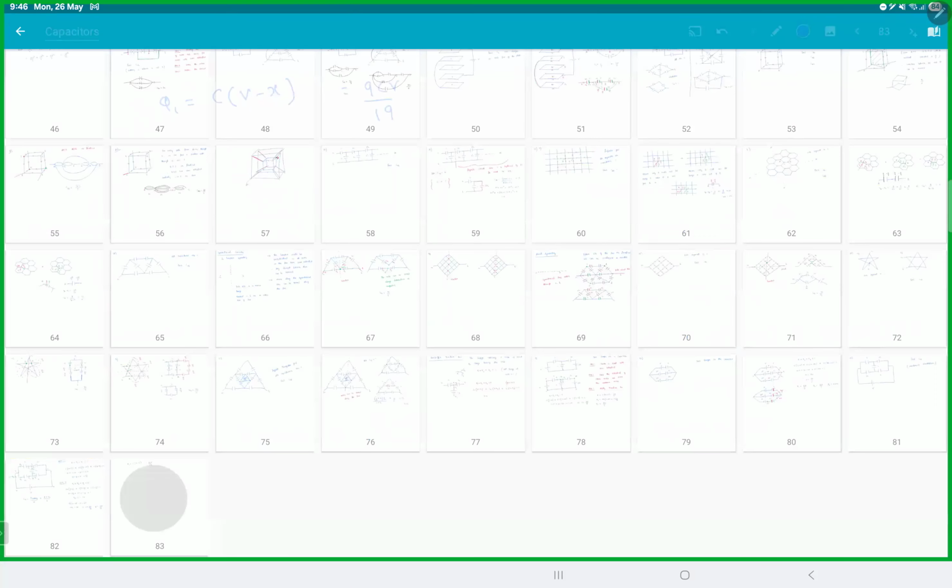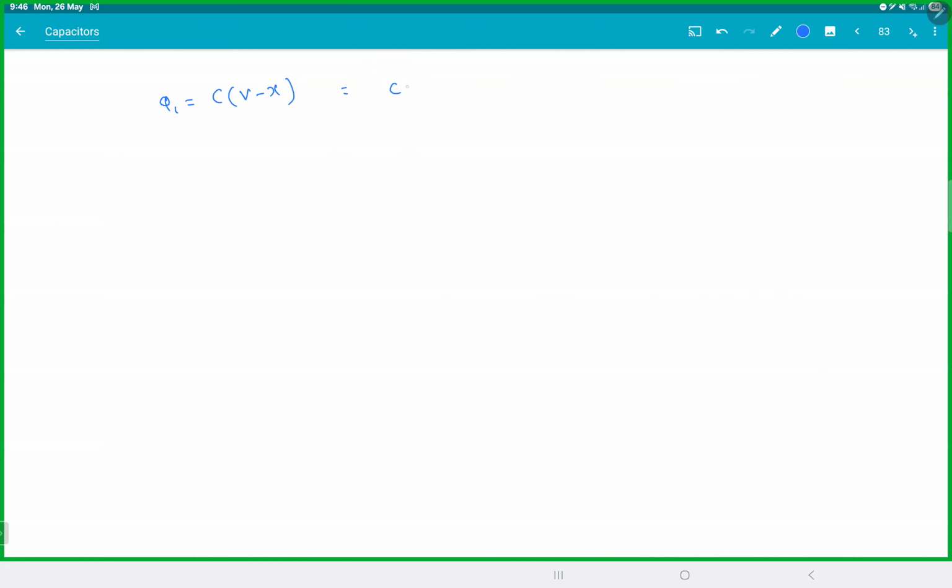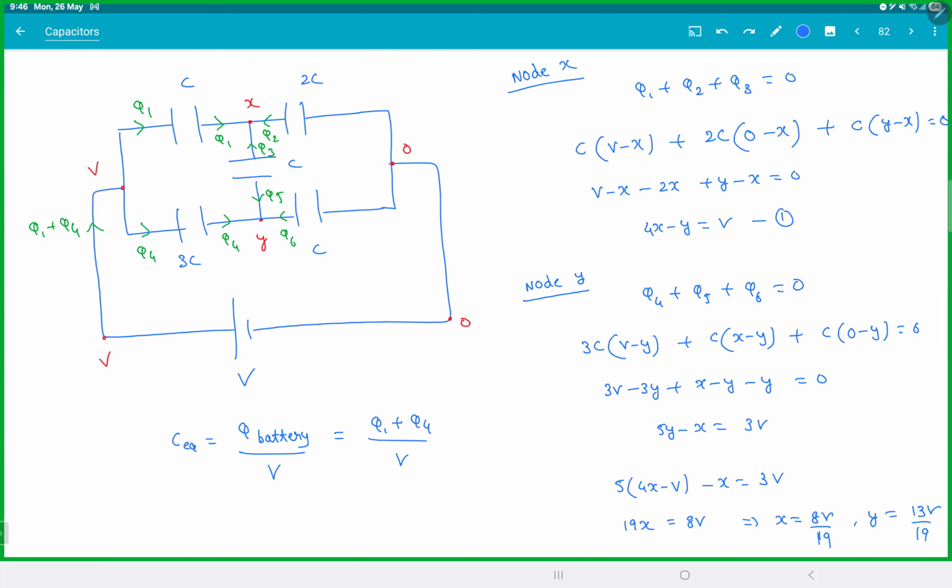Nah. Today something is bad. I can't solve stuff. 11CV by 19. Q2 is how much? Q2, Q4 चाहिए ना?